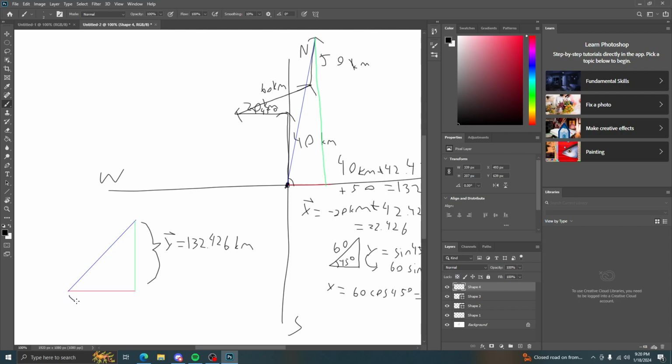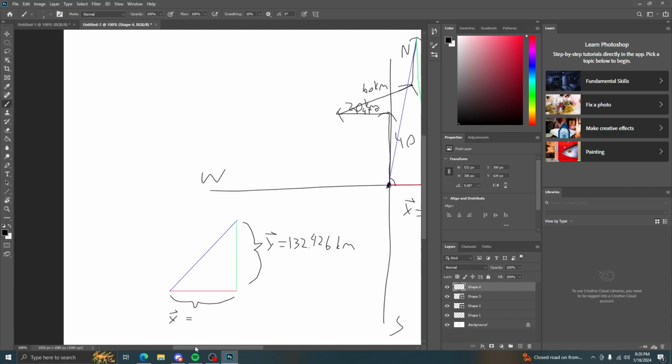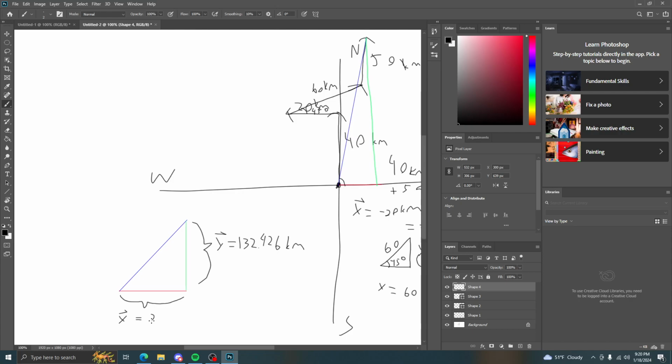And this is the x. We have total distance traveled as, was it 22.426? Yeah, 22.426 kilometers. And this is the right triangle.